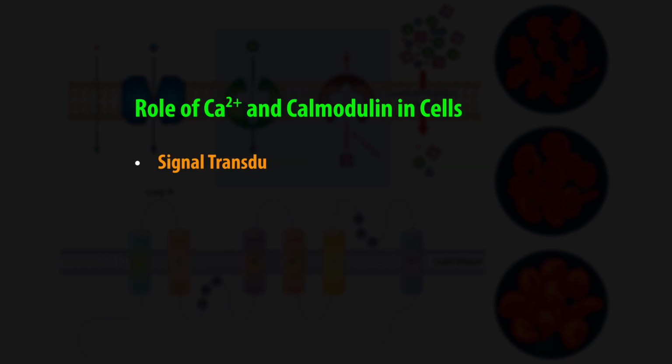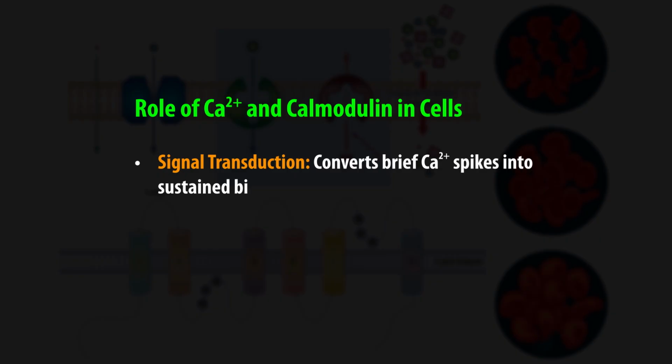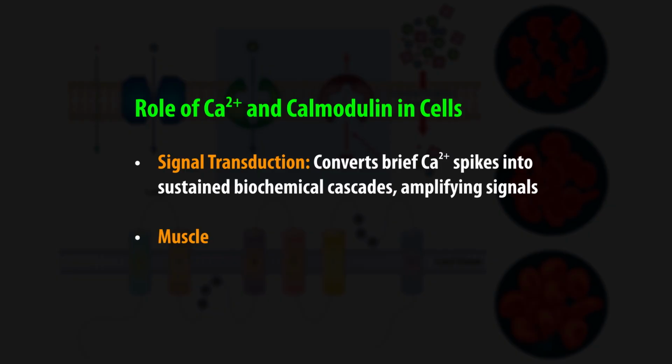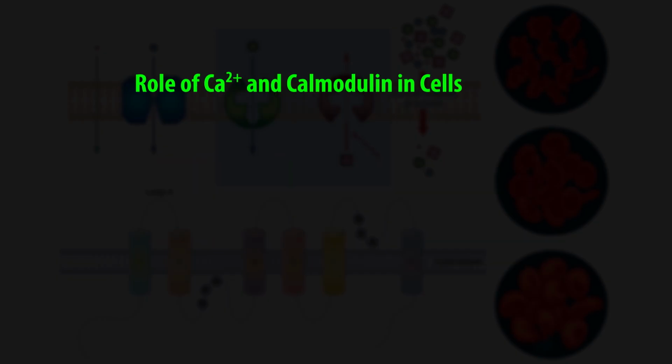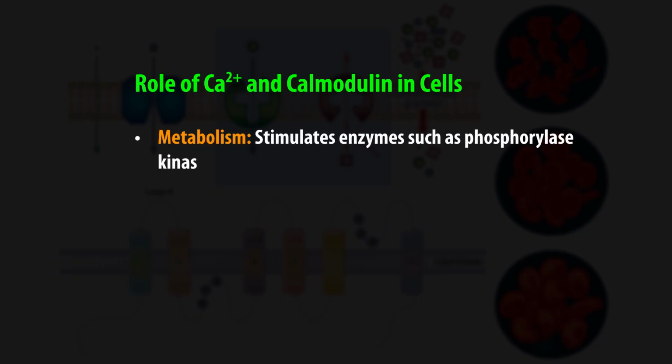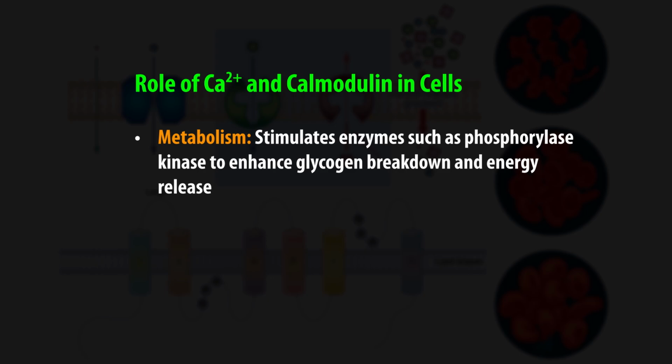Now, the role of calcium and calmodulin in cells. First of all, it helps in signal transduction. It converts brief calcium spikes into sustained biochemical cascades, amplifying signals. In muscle contraction, it activates myosin light chain kinase, which regulates actin-myosin interaction. In metabolism, it stimulates enzymes such as phosphorylase kinase to enhance glycogen breakdown and energy release.